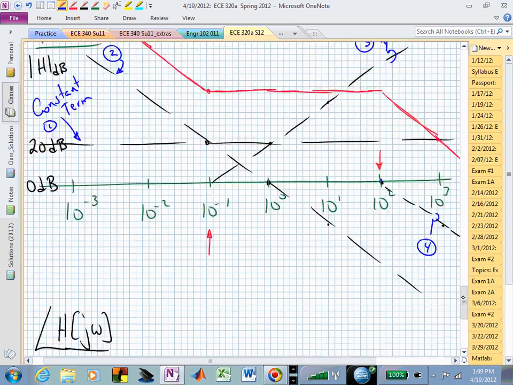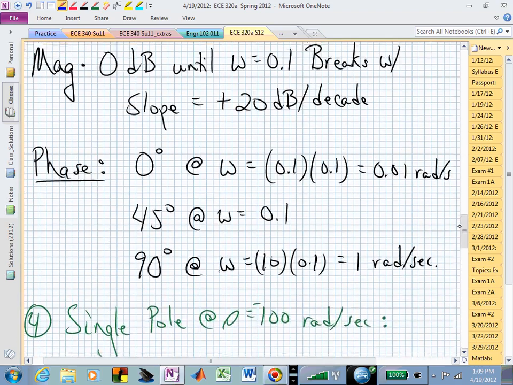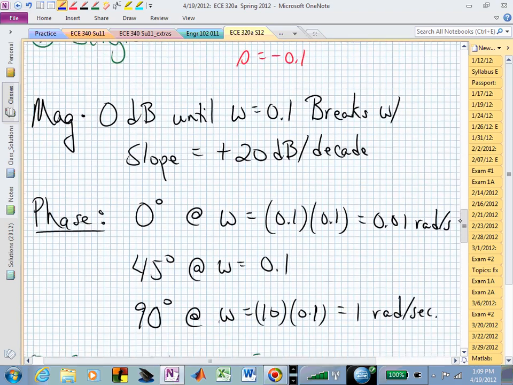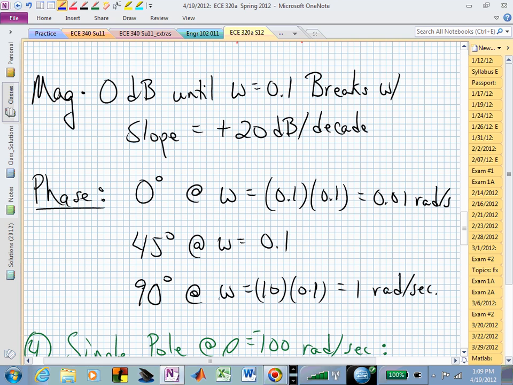Now I have the more interesting pieces. When I have linear or quadratic terms, I have to worry about turning on the slope and turning off the slope when I'm dealing with phases. Not only do you have to worry about turning them on like you do in the magnitude, you now have to shut them down.